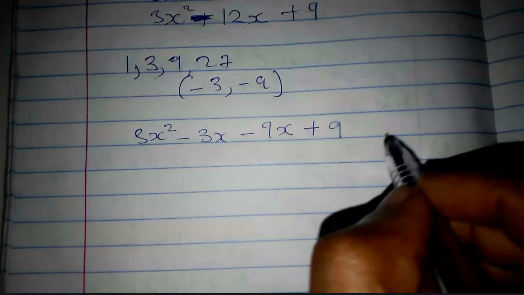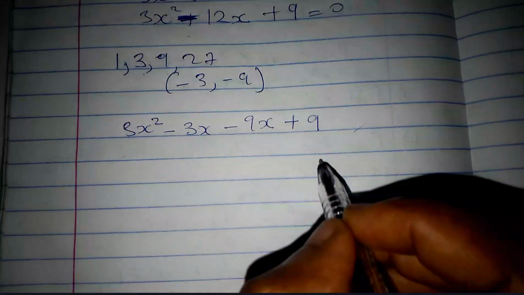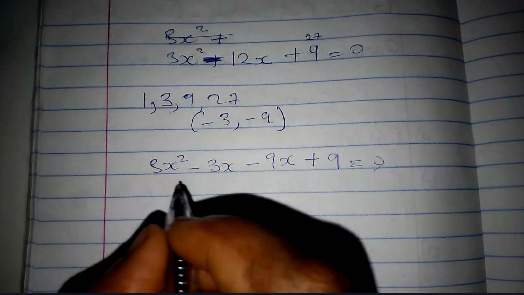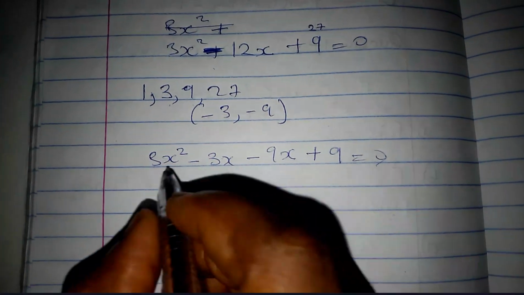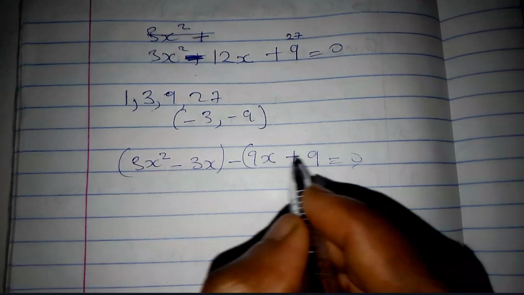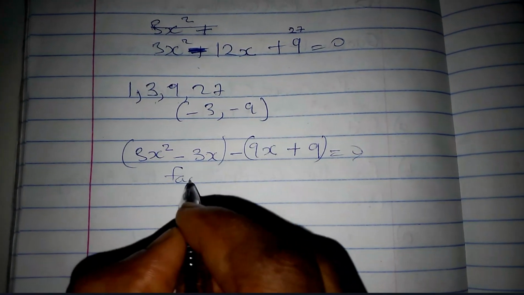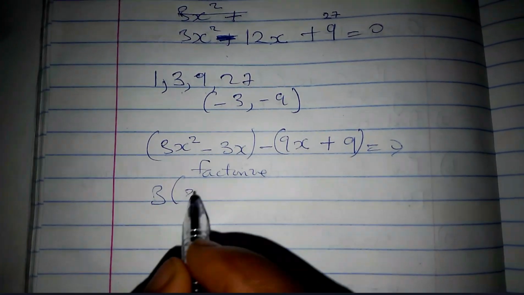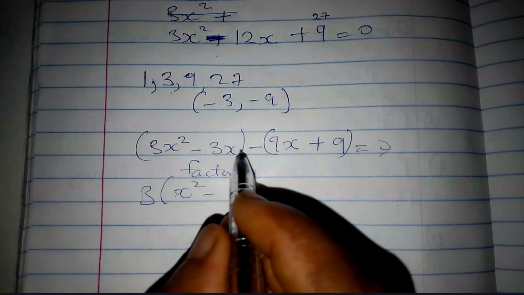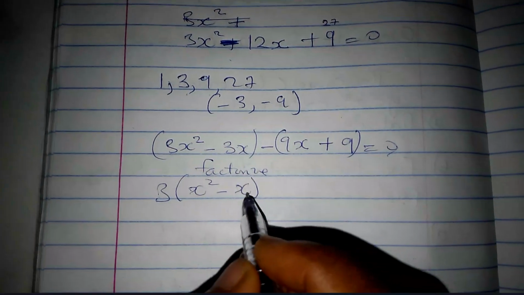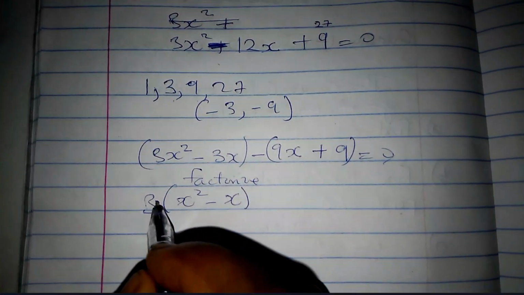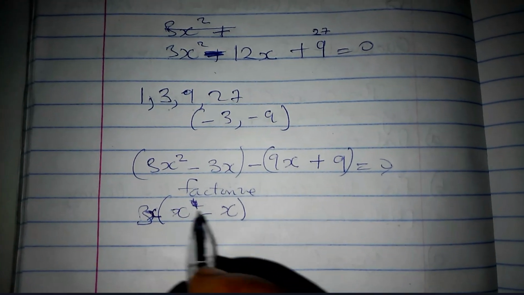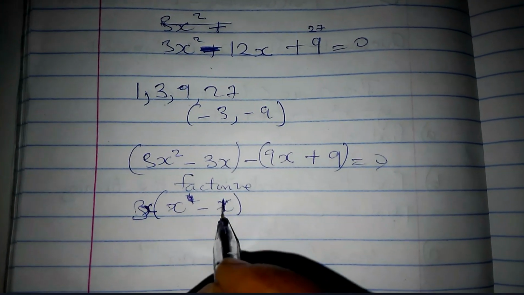So now it's all equal to 0. Take note of that. We're going to factorize now. That's the next thing we want to do. So 3x goes out of the bracket, because if we divide this by 3x, obviously we're going to end up with x minus 1 in our bracket.